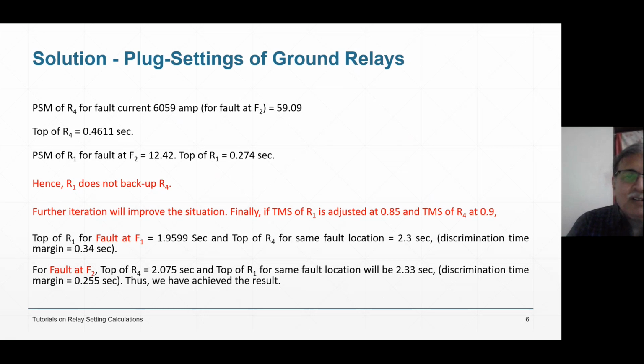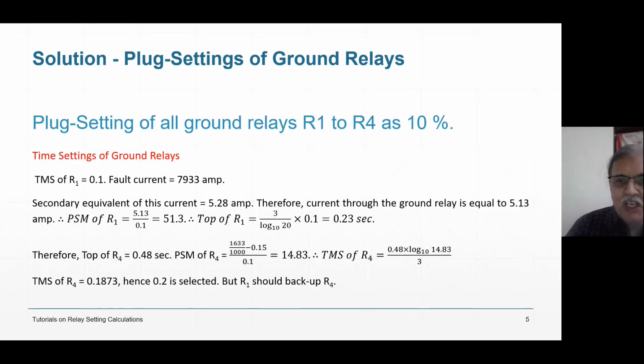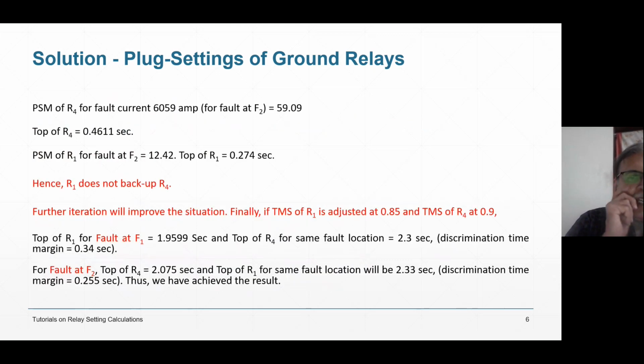TMS of R1 I have already selected, friends, and I cannot change it. TMS of R1 is 0.1, I cannot change. So PSM of R1 for fault at F2 is 0.274, so 0.274 is top of R1.